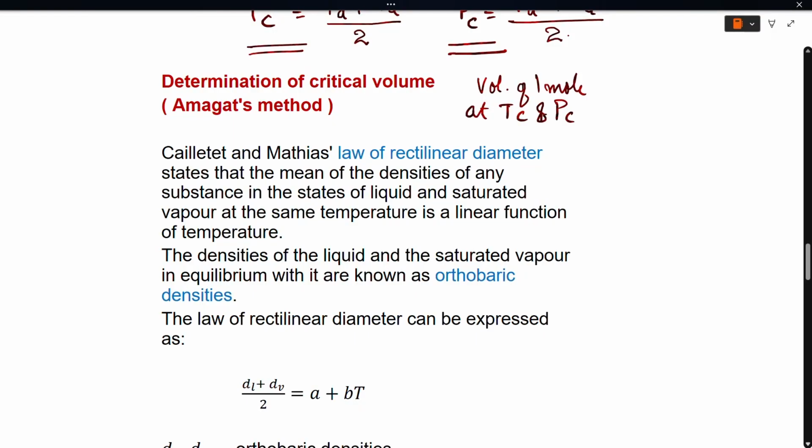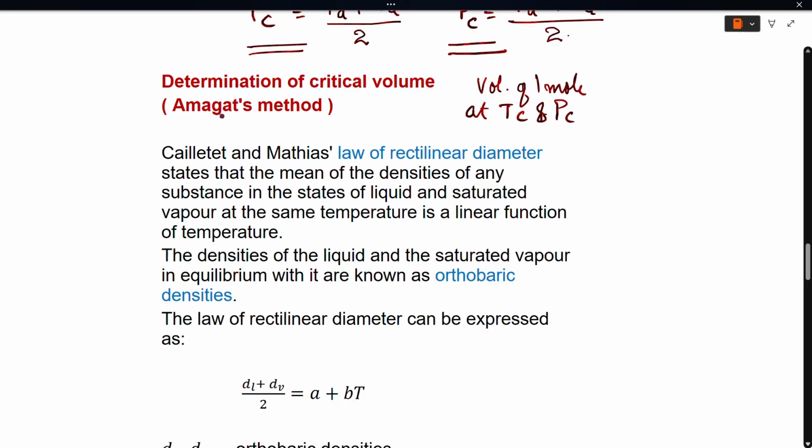So while measuring the temperature or pressure, small mistakes can lead to large changes in critical volume. So we don't adopt that method. We have another method to determine the critical volume accurately, and that method is known as Amagat's method.